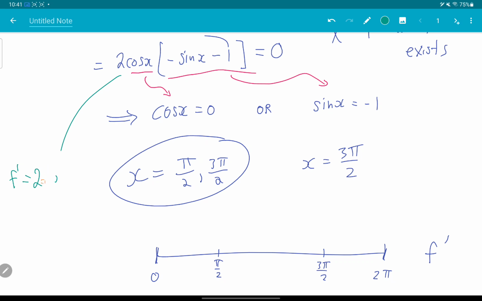Maybe I should clean this up even more. It's going to make my life easier if I just put a little bit of effort in here and make this a bit cleaner. So I'm going to go -2 cos x, and then the bracket, sine x plus 1.